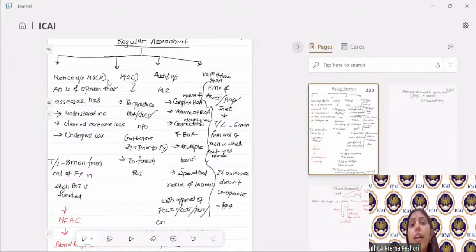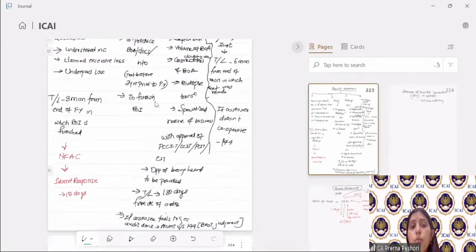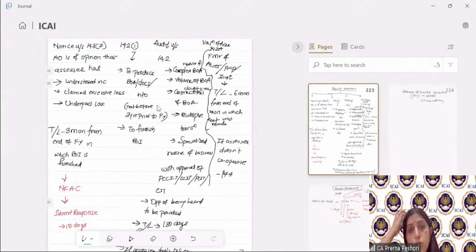Or he has not filed the return of income under 139.4 or under 139.1, or he is not complying with 142A, the audit or the valuation, right? Then what the AO will do is carry out the best judgment assessment.